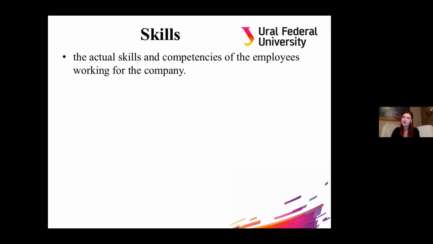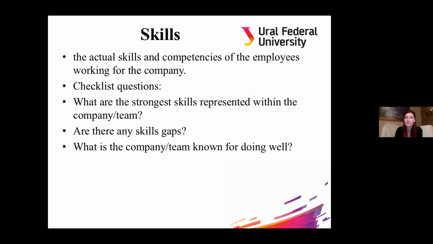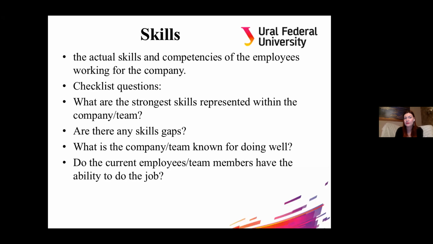Skills, the actual skills and competences of the employees working for the company. And checklist, what are the strongest skills represented within the company team? Are there any skills gaps? What is the company known for doing well?